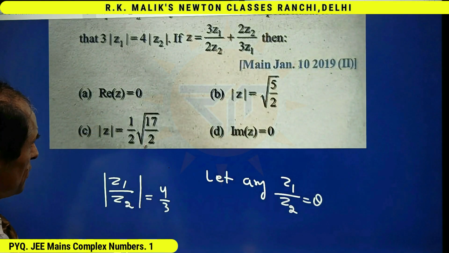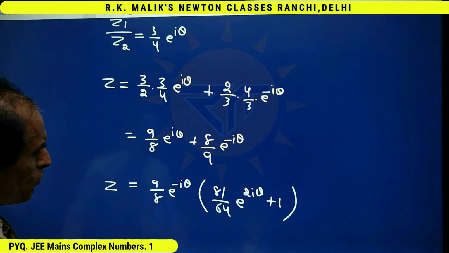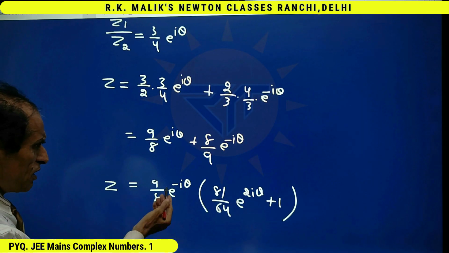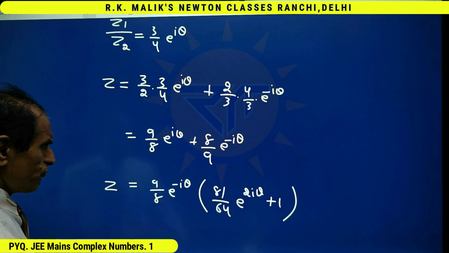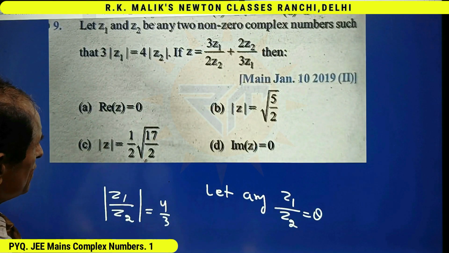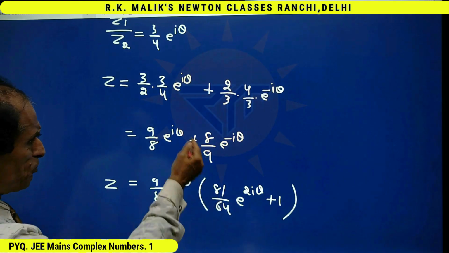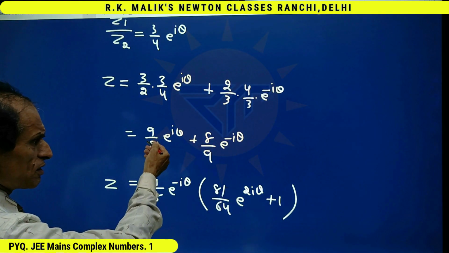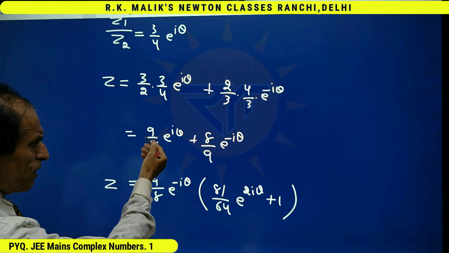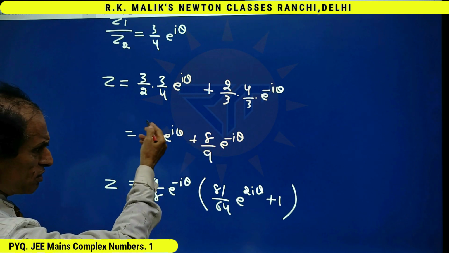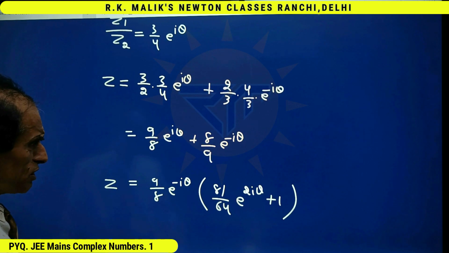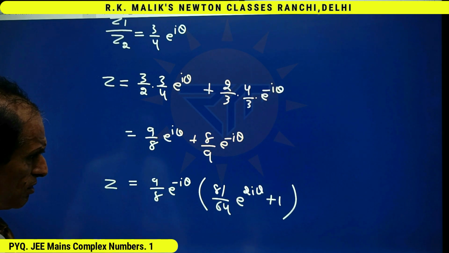Clearly, first choice is wrong, because as theta varies, the value of this varies. Real part of z equal 0 will mean this is purely imaginary. Clearly, the real part is 9 by 8 cos theta plus 8 by 9 cos theta, which is non-zero, which can be anything. Hence, first choice becomes wrong.